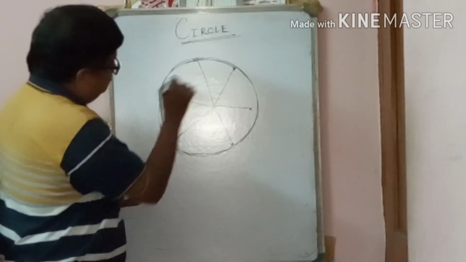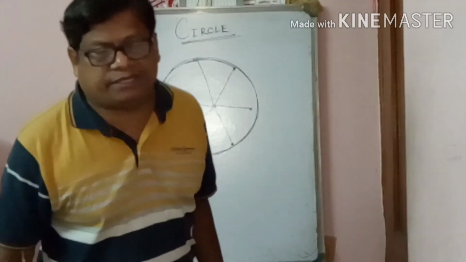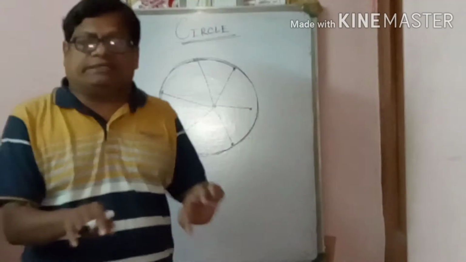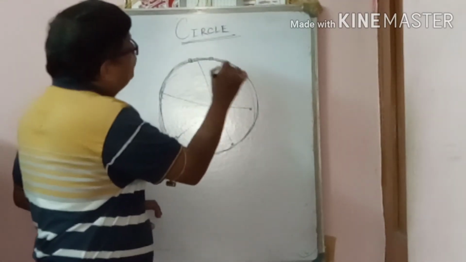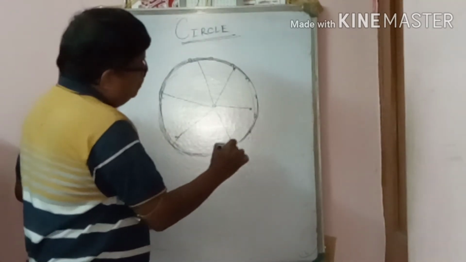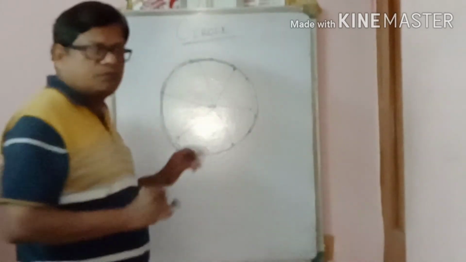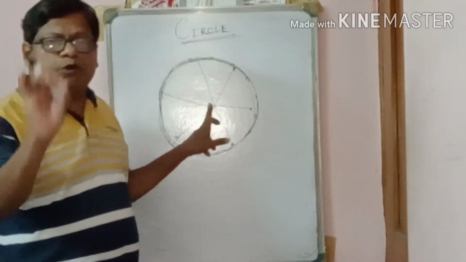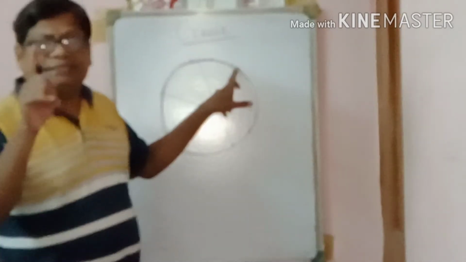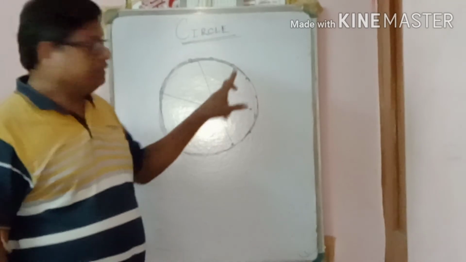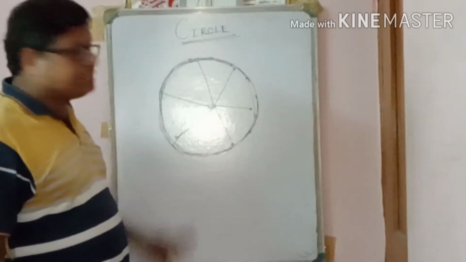The figure, the locus, that is the path covered by the point, the set of all points. One point, many points are there, no? So this is the fixed point, no change. A point moves in such a way that the distance from the fixed point to the moving point is always the same.